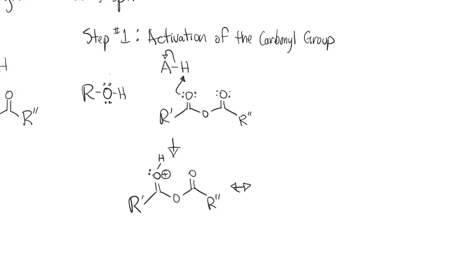We could actually have this move onto the oxygen, so the pi bond is going to move onto become a lone pair, and what we would get is this right here.